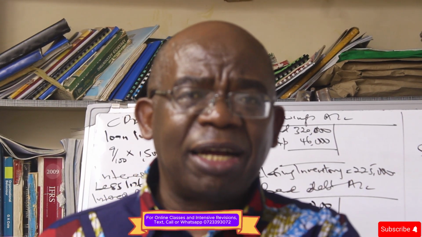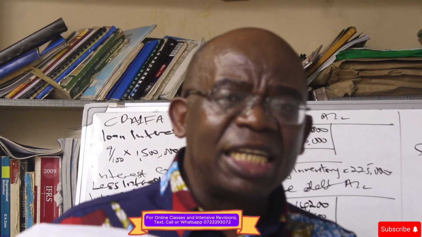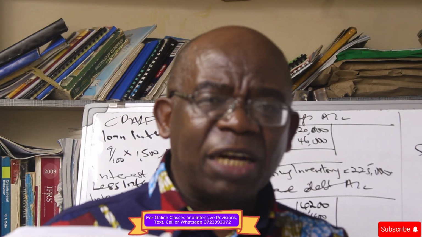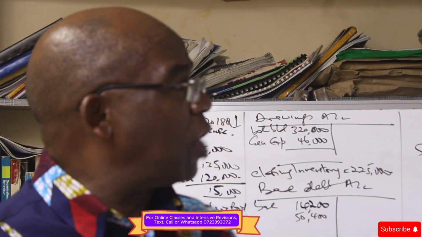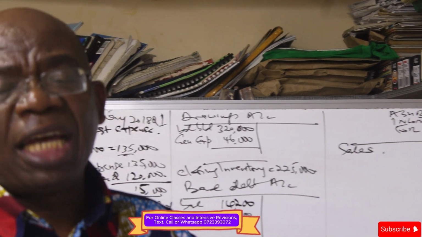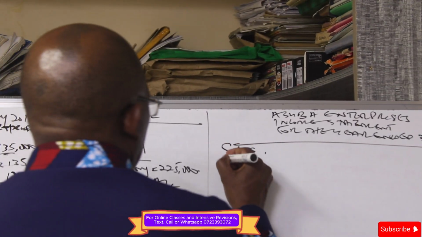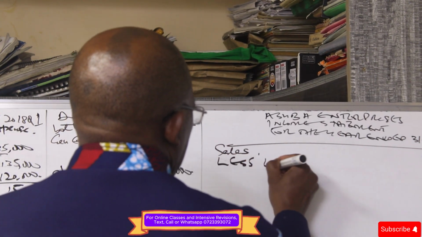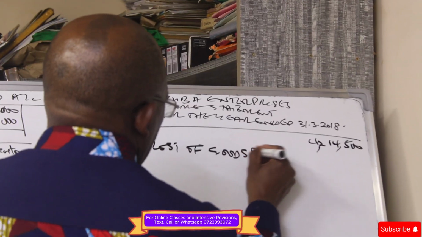You get the cost of goods sold, from sales you get the gross profit, then add other incomes, get aggregate profit, then you less operating expenses to get the profit for the year. You must remember the format so that you eliminate what is not there in the question, but whatever is there, you capture it. So there is no sales returns. So you say less cost of goods sold.